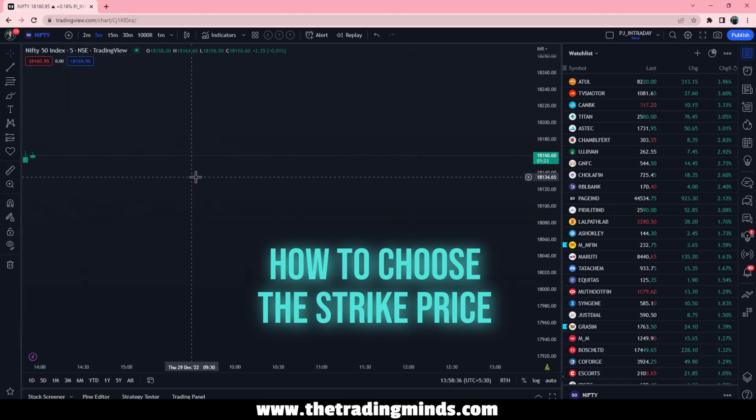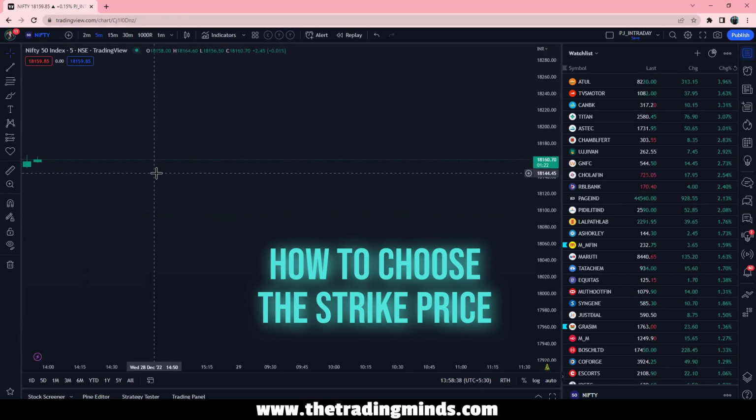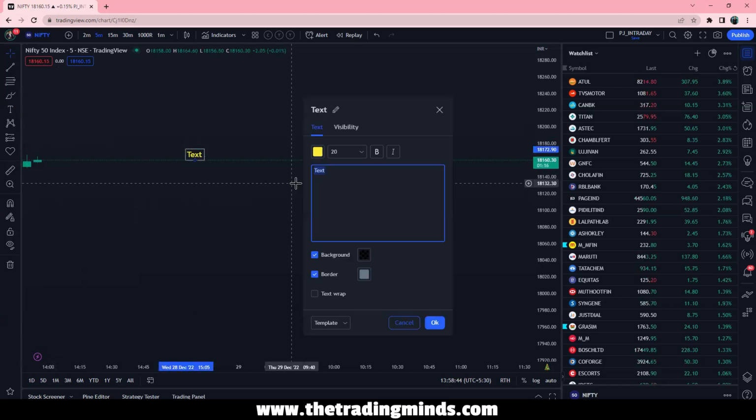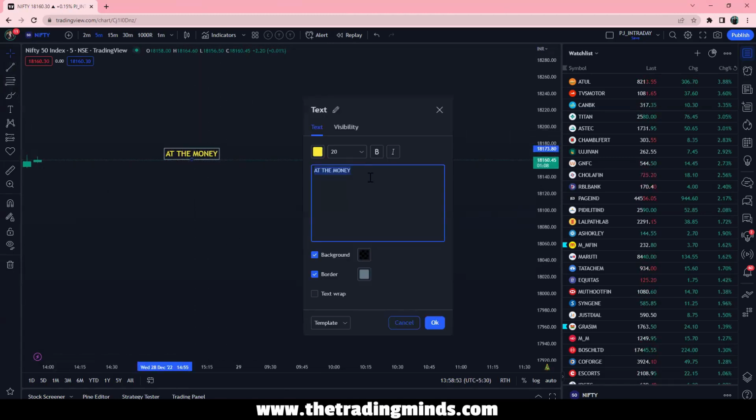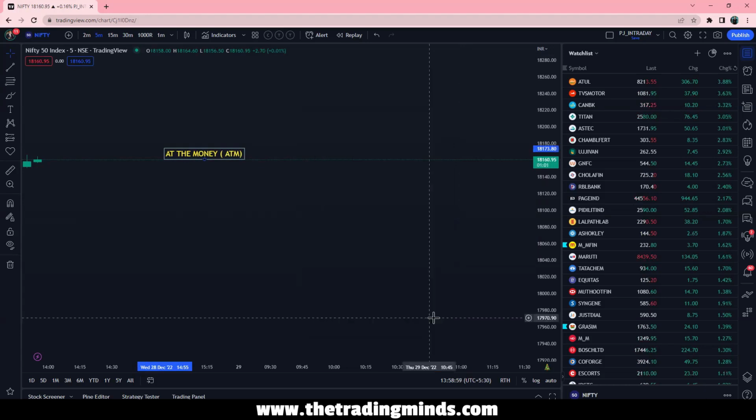Let me make you understand, there are three types of options. There are three types of strike prices. One is called the at the money option, also called ATM. At the money strike price is the most widely used option for trading.